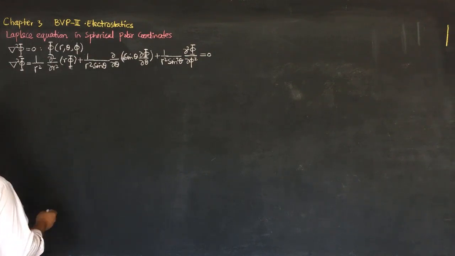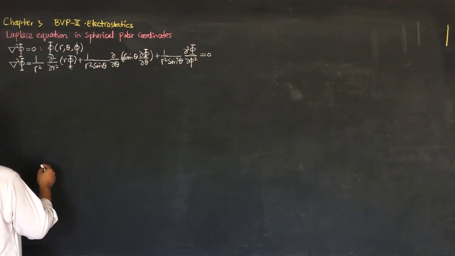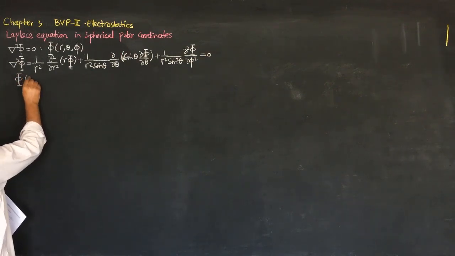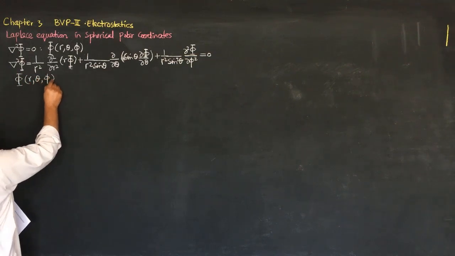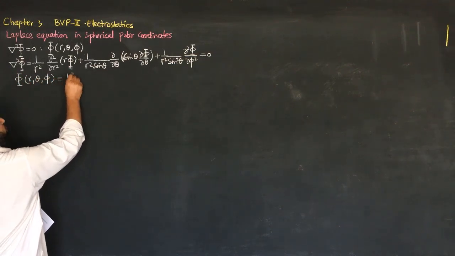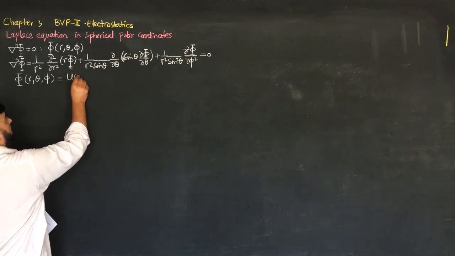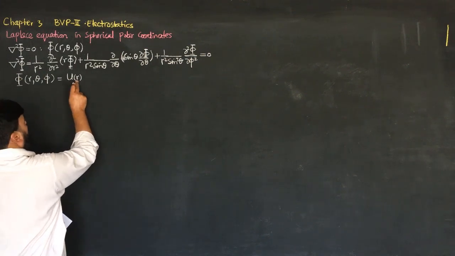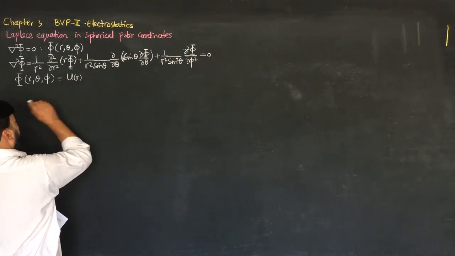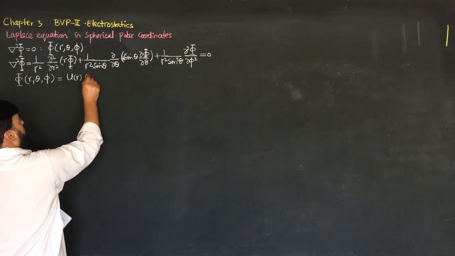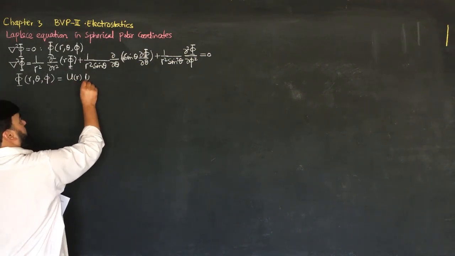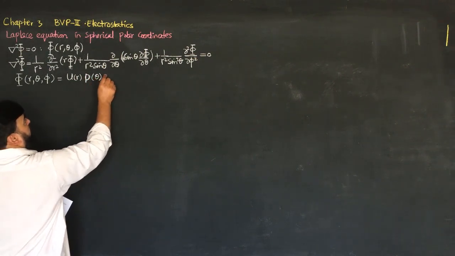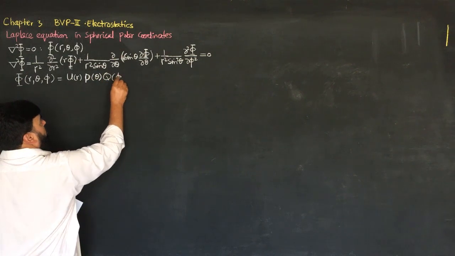So doing the separation of variables technique, let me write that phi, which is a function of r, theta and phi, as U of r, U being the part which depends only on the r variable, and then P, capital P, which is a function of theta, and Q, which is a function of phi.